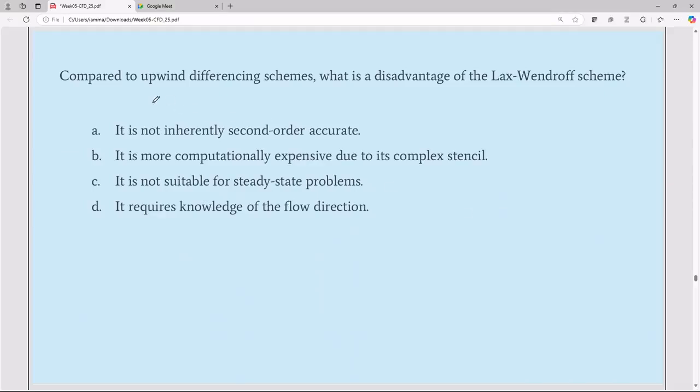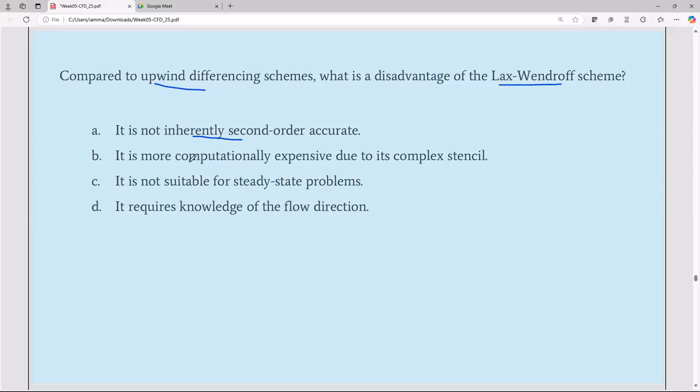Next question. Compared to upwind differencing scheme, what is the disadvantage of Lax-Wendroff scheme? So the question is on comparison of upwind differencing scheme and Lax-Wendroff scheme. What is the disadvantage of Lax-Wendroff scheme compared to upwind scheme from the options given below? Options are: option A, it is inherently second order accurate.